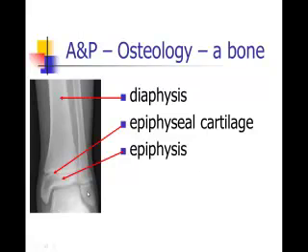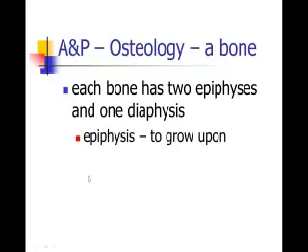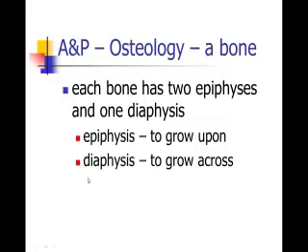The fibula is going to be on the lateral side. Remember, L for lateral. Okay, so each of the bones is going to have two epiphyses and one diaphysis. And if you look at these words to see what they mean, epiphysis means to grow upon, and diaphysis means to grow across. So that sort of makes a certain amount of sense.